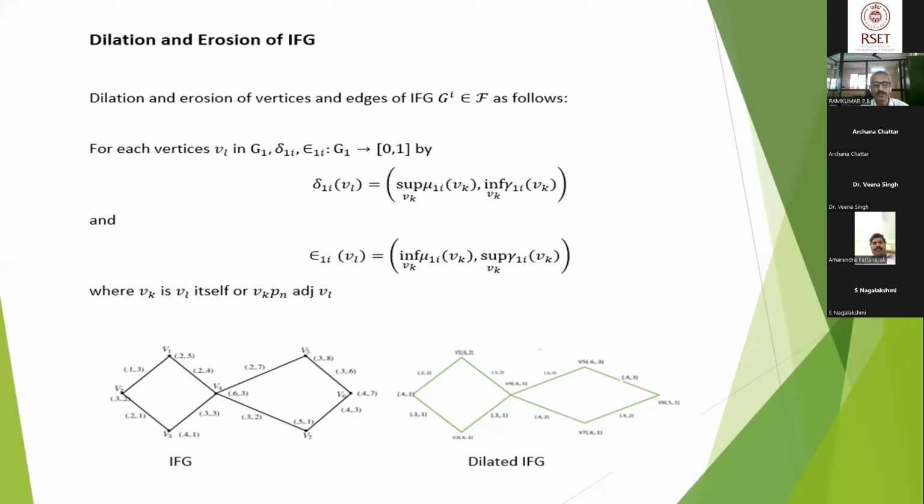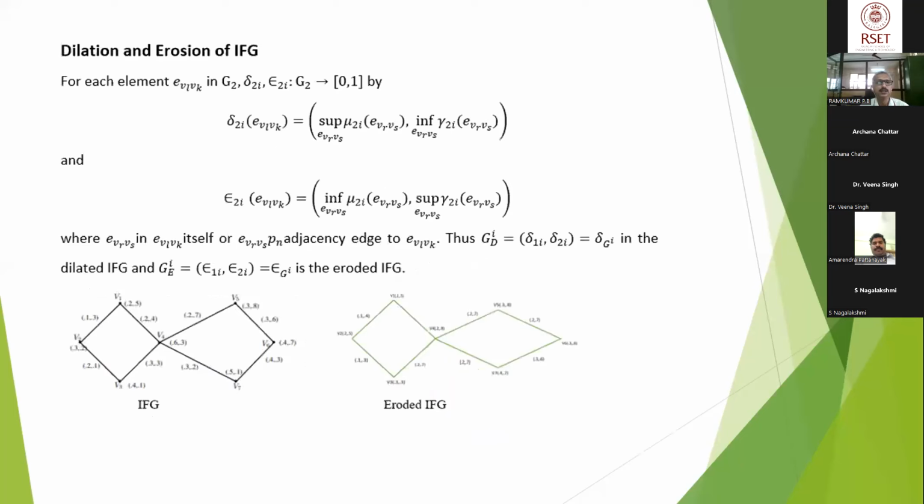When you take the infimum, you get the non-membership function of the vertex V1 in the dilated graph. And in the case of erosion, first you take the infimum for membership function and the supremum for non-membership function.